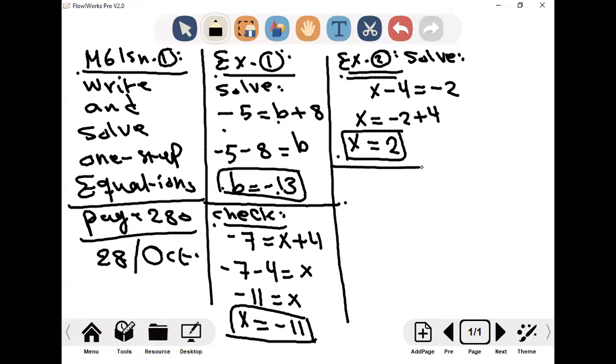Let's do the check of example 2. No, don't put that. Just do like what I did. It will be positive 4 minus 2. How much is positive 4 minus 2? But always keep the number which is already there.